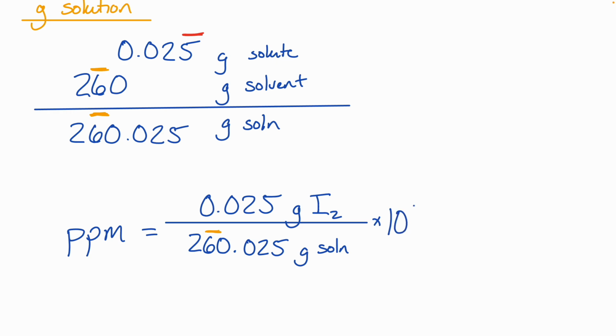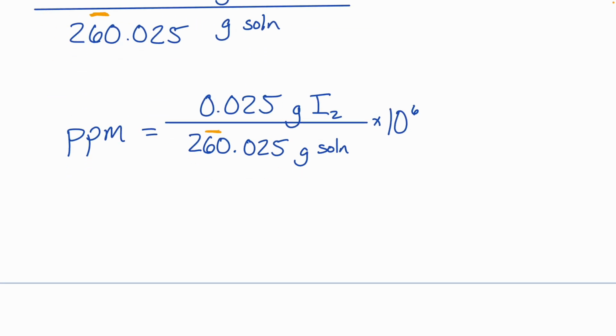And now I'm going to multiply it by 1,000,000, 10 to the 6. Cool. All right, so we get 96.1446.